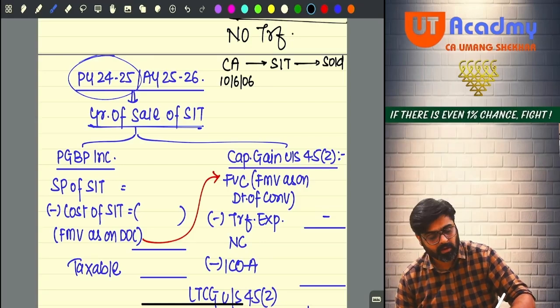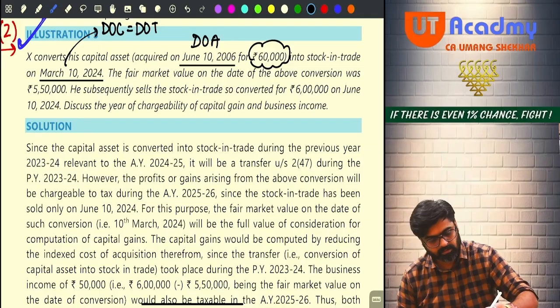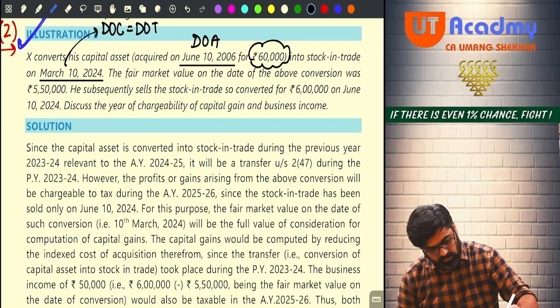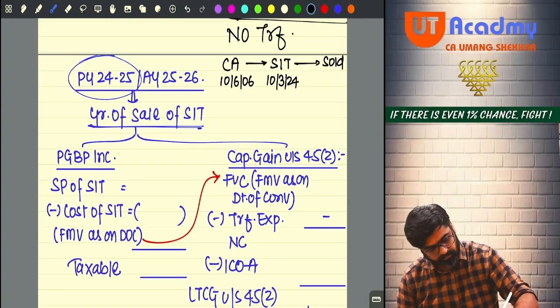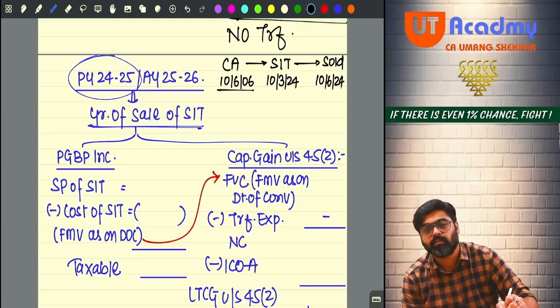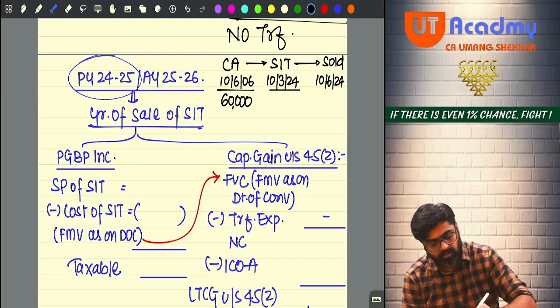Converted into stock in trade on 10th March 2024, and sold as stock in trade on 10th June 2024. I acquired it for 60,000. As on the date of conversion, what was the fair market value?